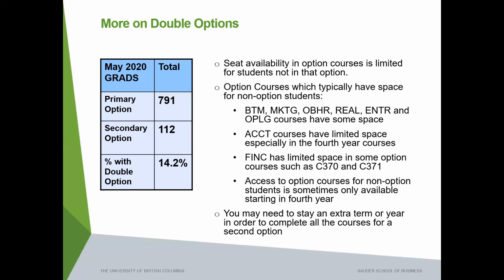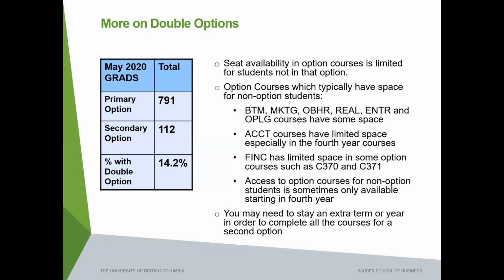The accounting courses have very limited space, especially in fourth year courses. So if you're wanting to complete all of the accounting courses and be guaranteed that you get into them, then I suggest you choose accounting as your primary option. The same would be for finance. If you want to do all the finance courses and be guaranteed to get into them, then you would need to choose finance as your primary option, because there's limited seats available in some of the finance courses.